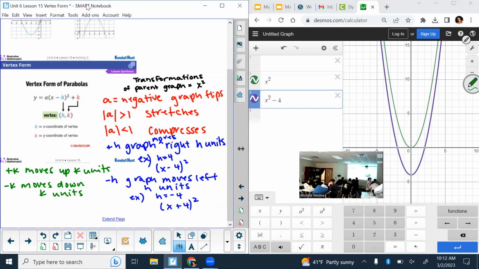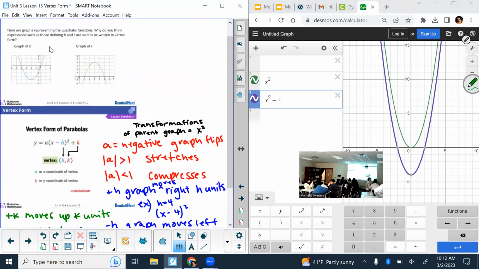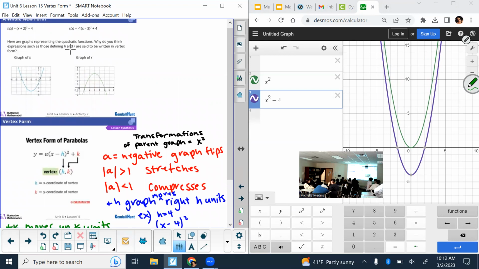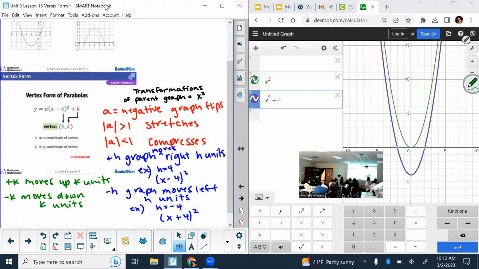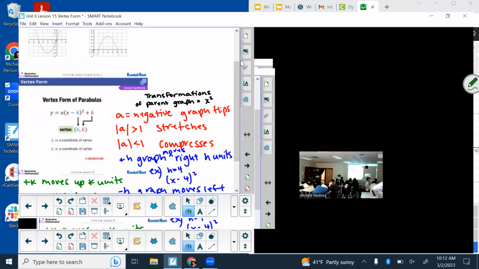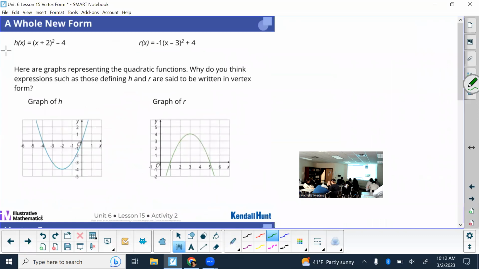All right, so you have these two problems printed on your paper, right? Maybe above this somewhere. h of x equals (x plus 2) squared minus 4. You don't have that somewhere? This would be on the 15 paper.